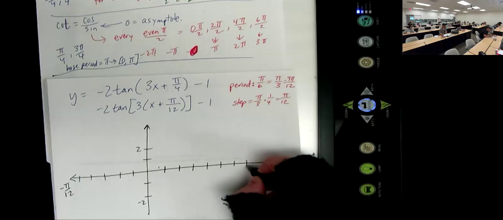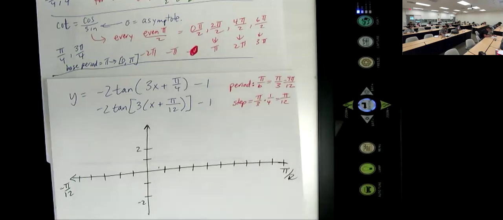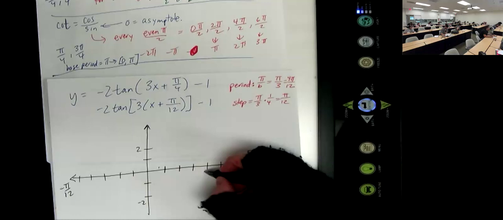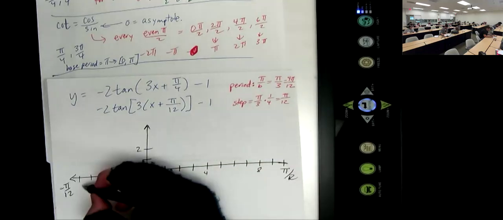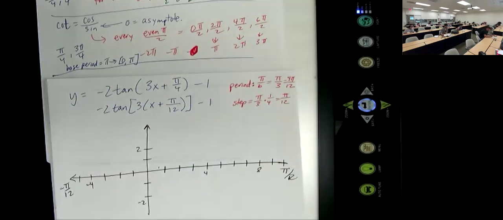I'm not gonna throw down a bunch of asymptotes early because that's gonna be confusing.